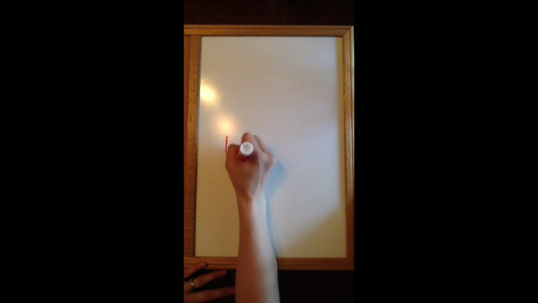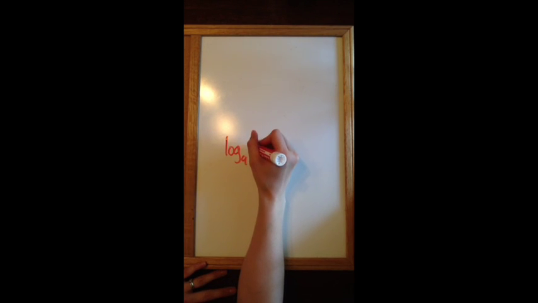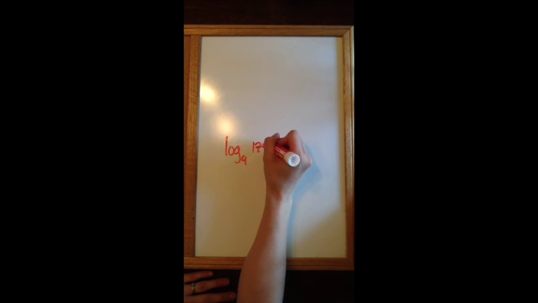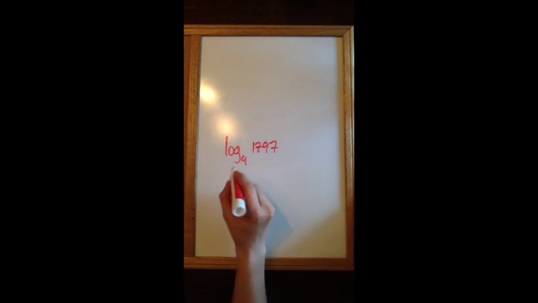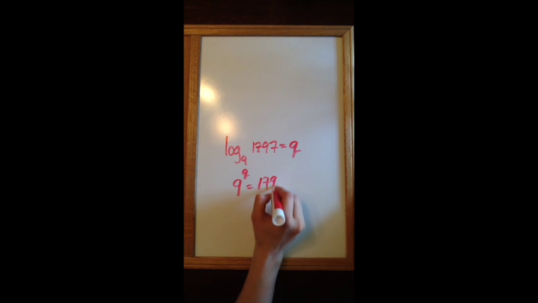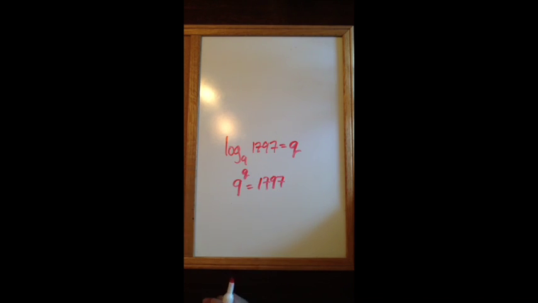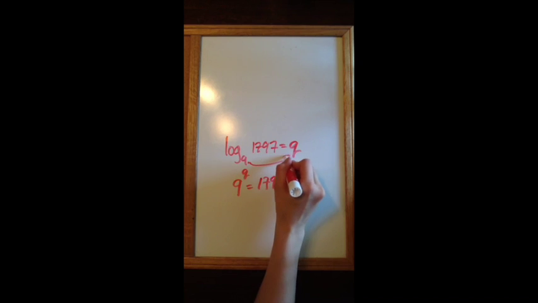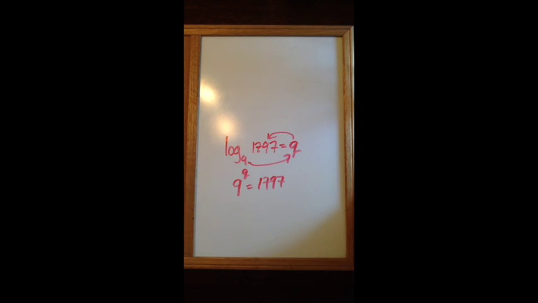If I give you log base 9 of 1797 equals q, this would be 9 to the q equals 1797. We started with the base, hopped to the other side, hopped back.